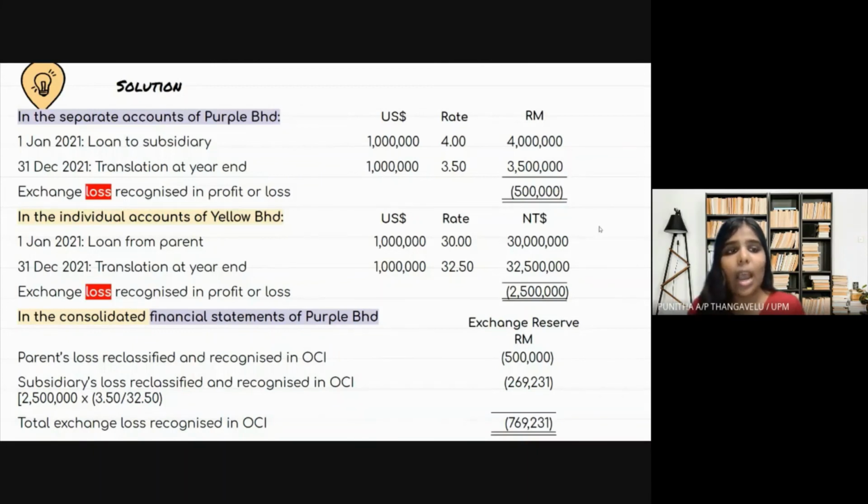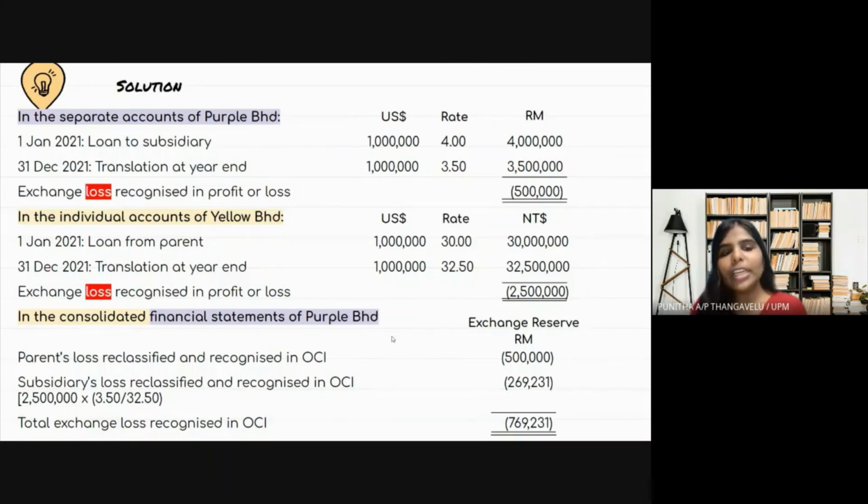In the individual account of Yellow Berhad, we need to use the rate of New Taiwan dollar, and then the loan from parent is 1 million, and we have to use the rate on 1st January, and at the translation at year end we have to use the rate at 31st December, and the difference between these two will result in an exchange loss recognized in profit or loss, which is 2.5 million.